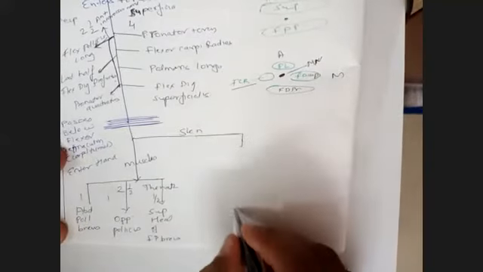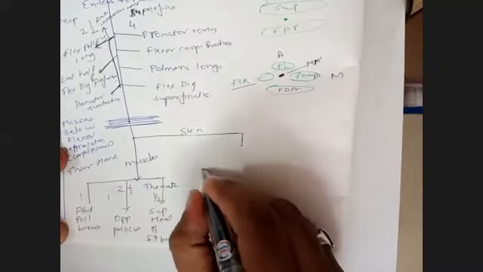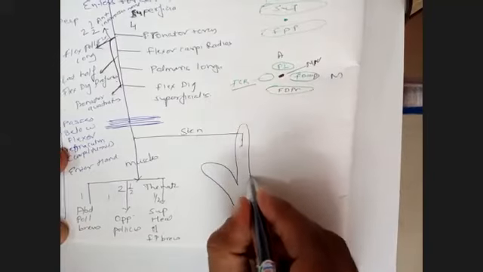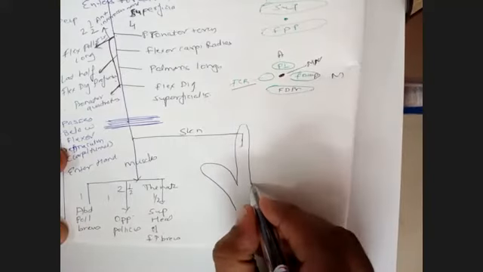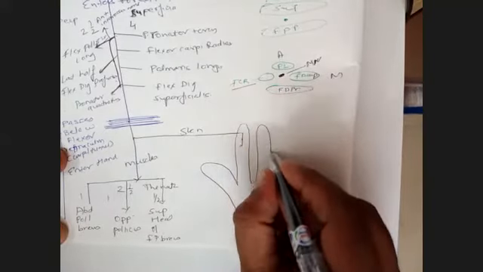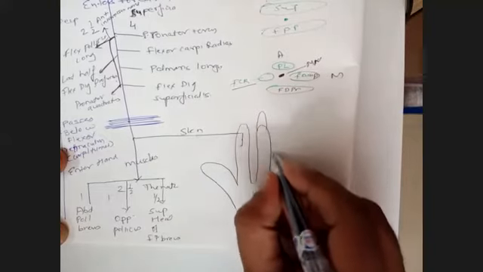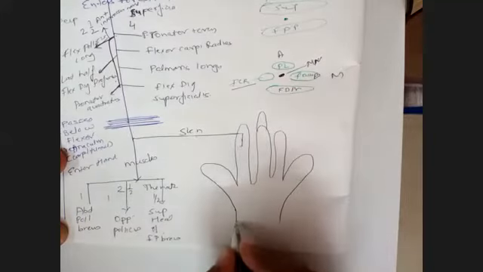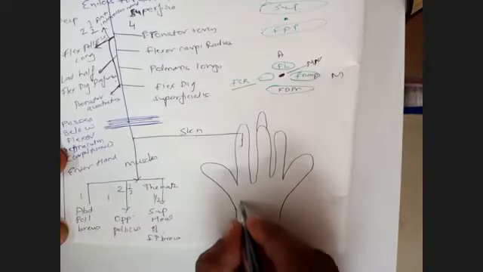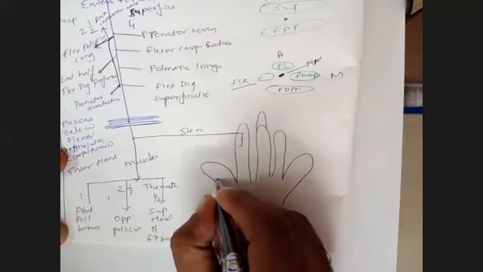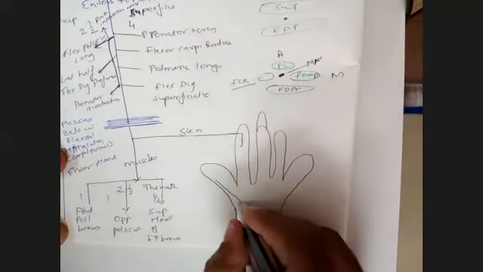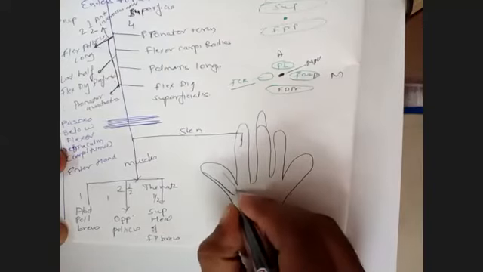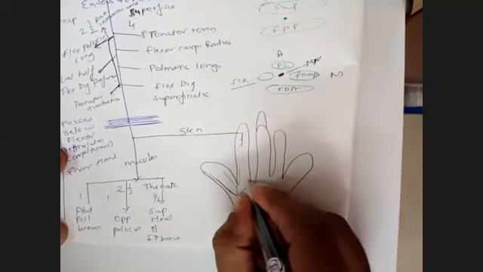And as regards the skin is concerned, suppose this is the thumb, and then this is the middle finger, and then this is the ring finger, and this is the little finger. So the median nerve goes here and gives branches. These are the branches for the cutaneous supply.